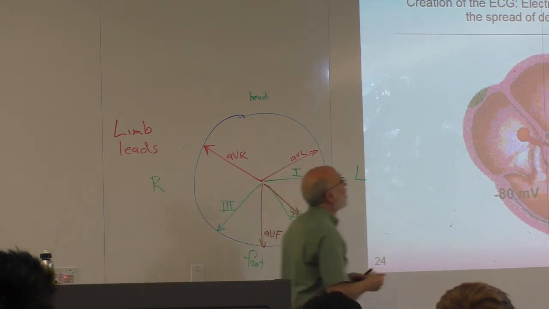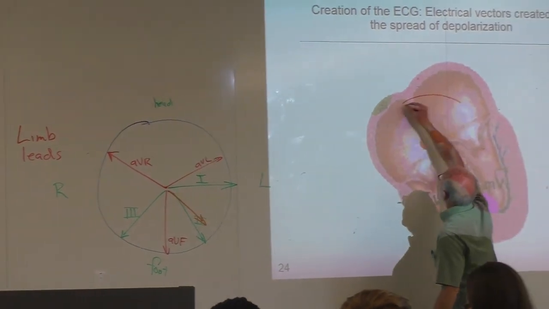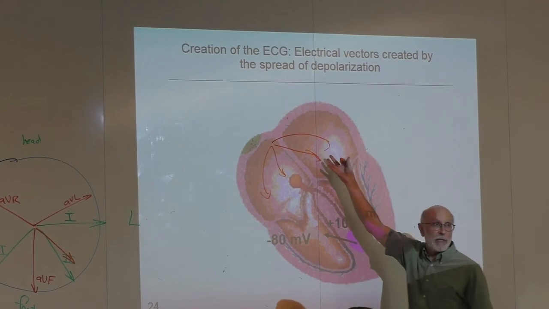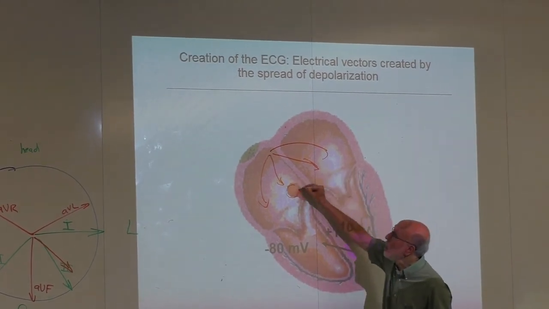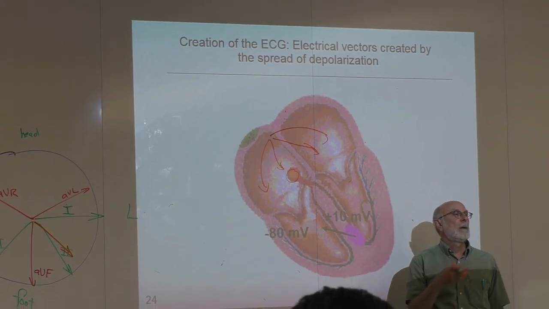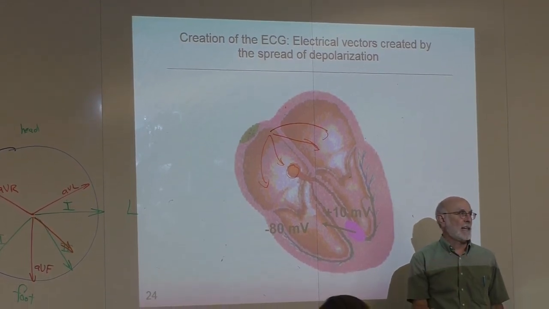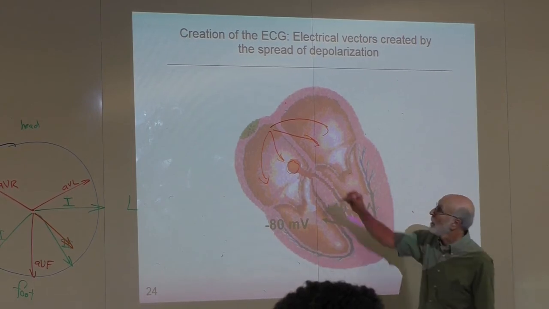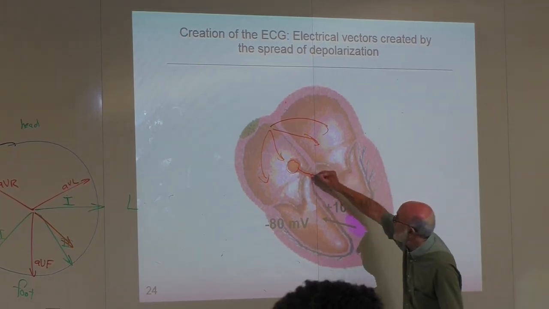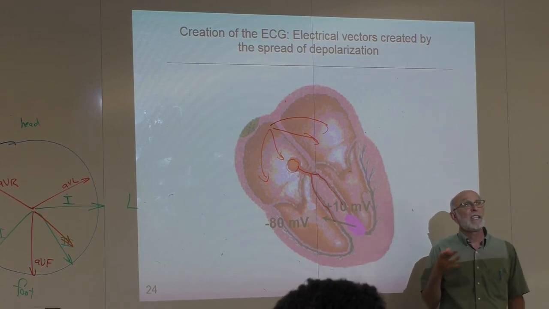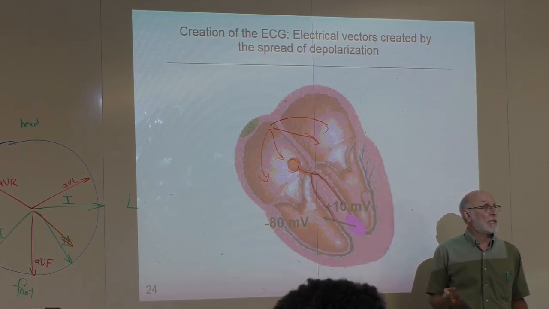So now remember the action potential spread throughout the atria, and we got atrial systole. Slow depolarization, a small bit of tissue, can't see it on the skin, too small. Fast depolarization, but small, too small to see.